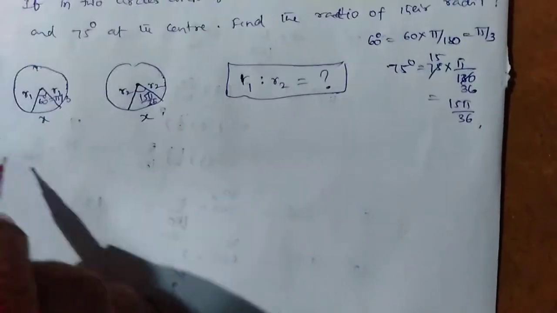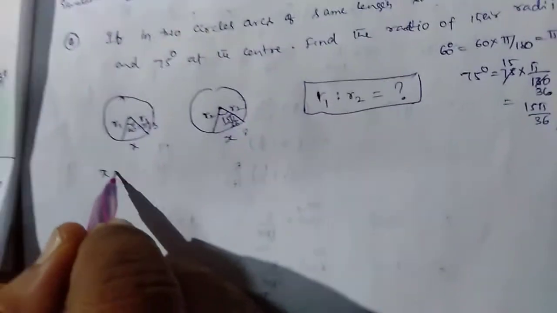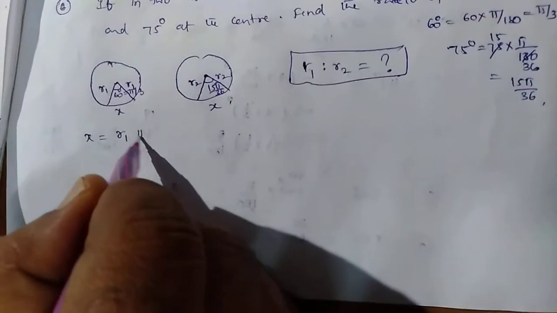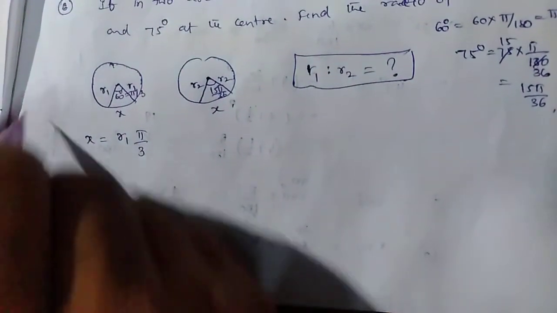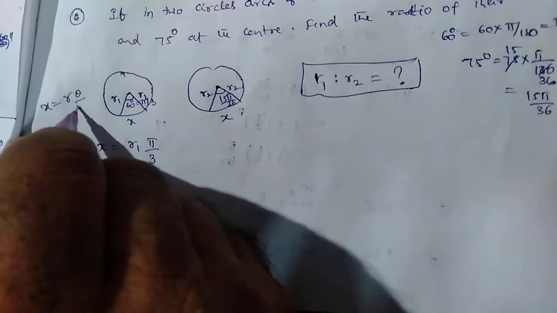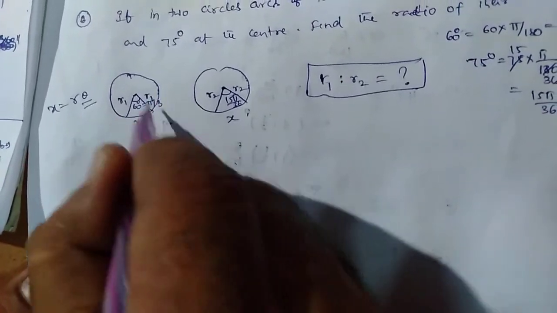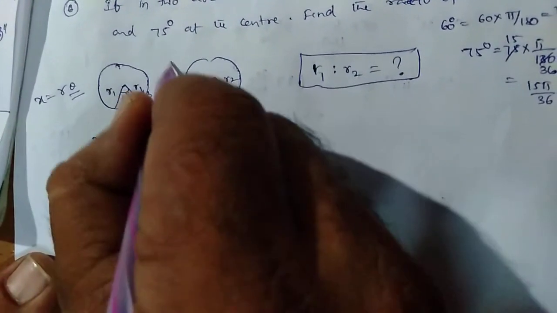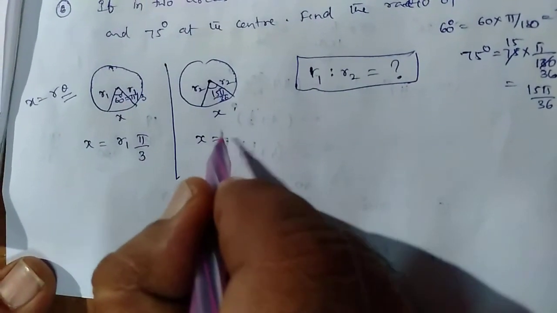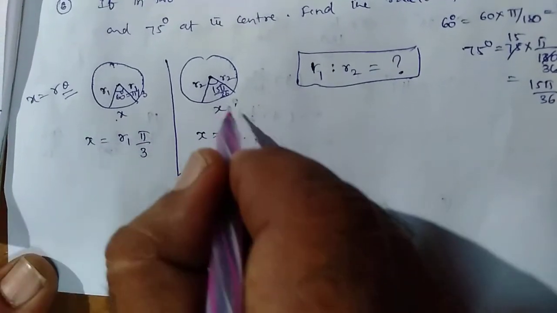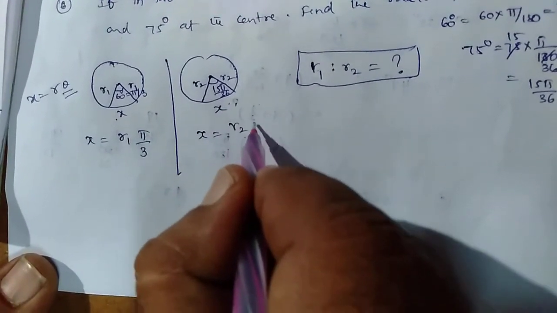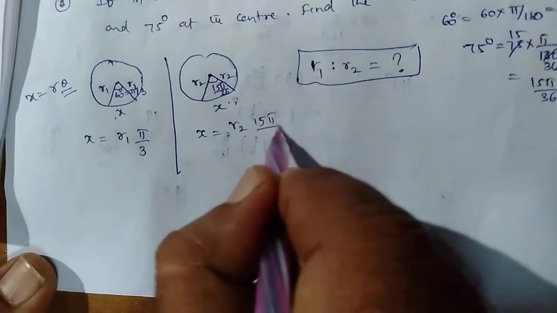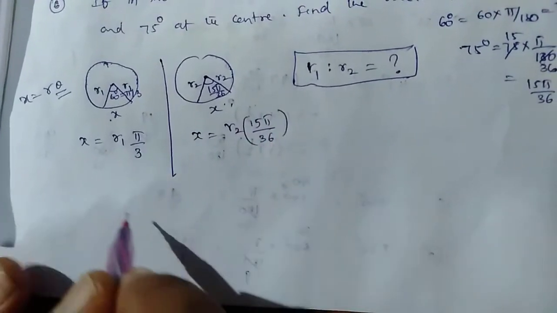So here x is equal to r1 into pi by 3. As we know that x is equal to r into theta, where theta is the radian measure. Here radian measure is pi by 3. Similarly, for the second circle, x is the same length. So here is x, here also x. X is equal to r2 into 5 pi by 12.